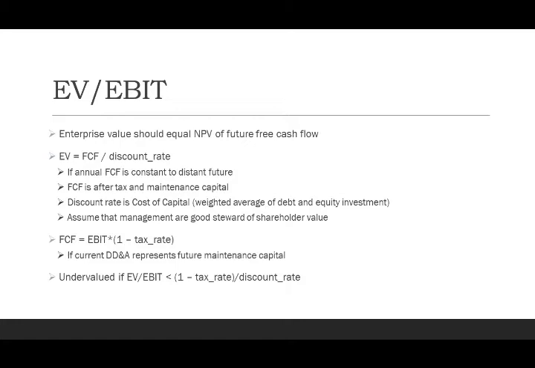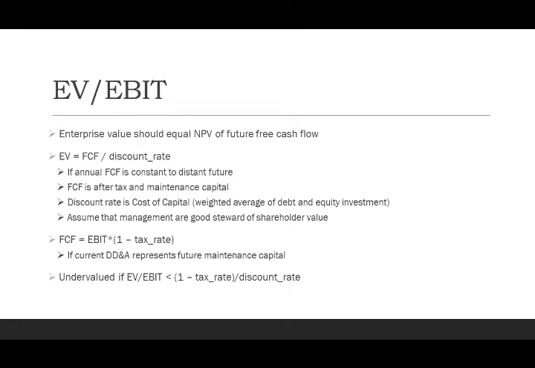One way to calculate the free cash flow is using EBIT, then subtracting the tax impact. This assumes the current DD&A, depreciation and amortization, represents future maintenance capital.